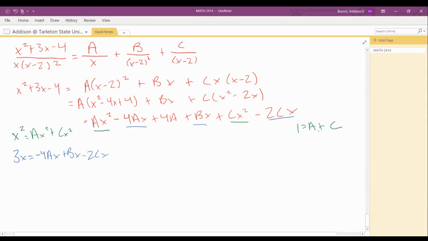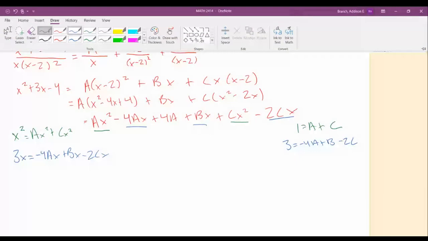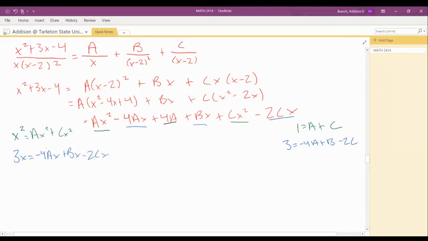And over here for the system of equations, we can say that 3 is equal to negative 4a plus b minus 2c. And then lastly, we just have 4a just chilling by itself.